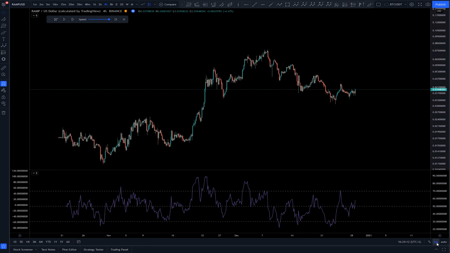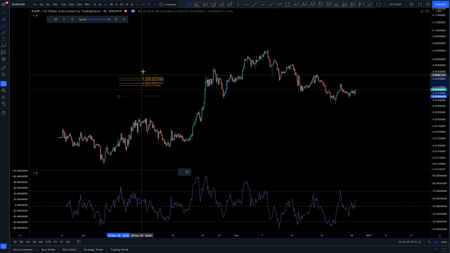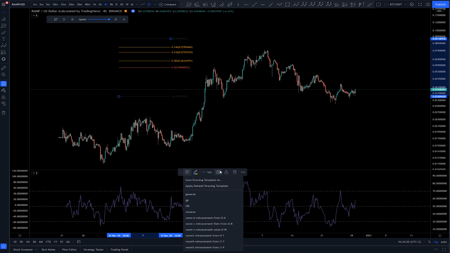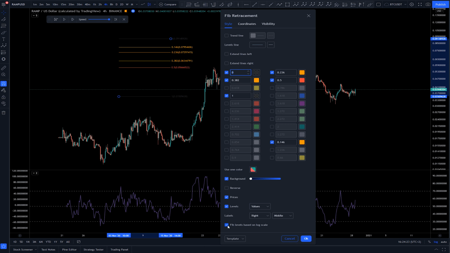I use logarithmic on the chart, and I use both the logarithmic scale and the arithmetic scale on the Fibonacci tools. So they both differ, and it's up to the chart artist again which one you want to use, but both are used generally.